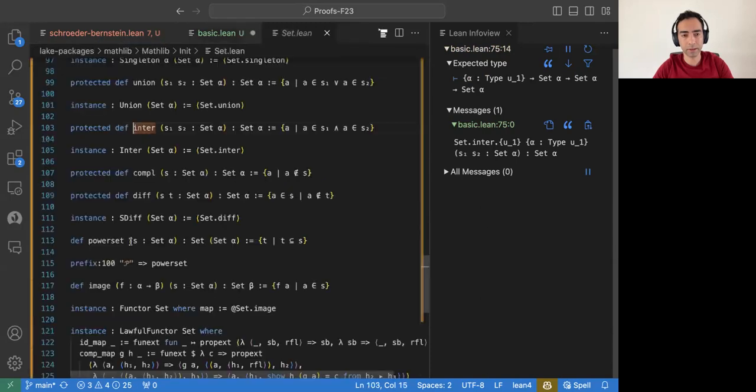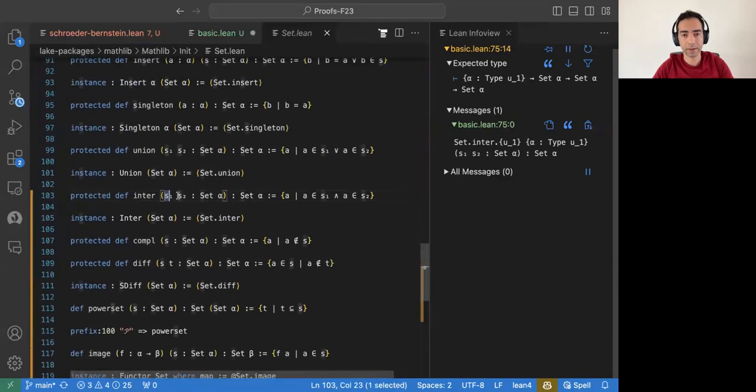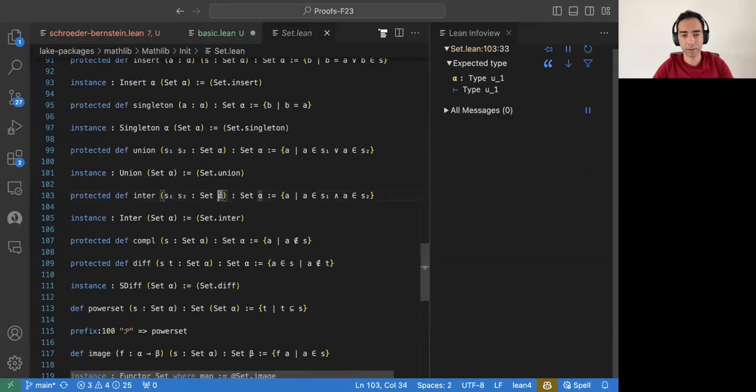We control click here. If S1 and S2 are two subsets of type alpha, we can produce a new subset of alpha, which is their intersection. It's defined as the collection of all those elements A which belong to the first subset and belong to the second subset.